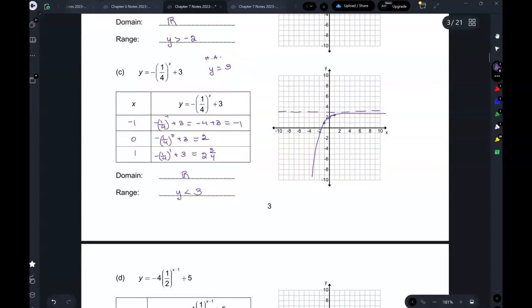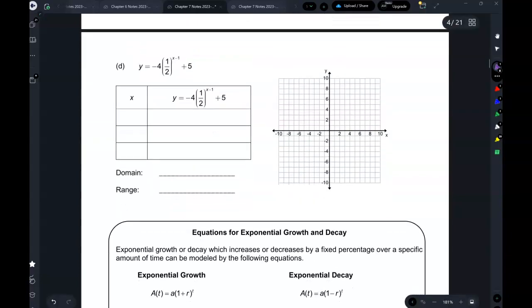We said this was decay. Does it look like decay? As x approaches infinity, is the graph going towards the asymptote? Yes, that means it's decay. This is decaying to 0.